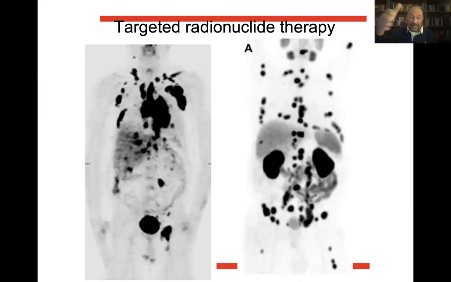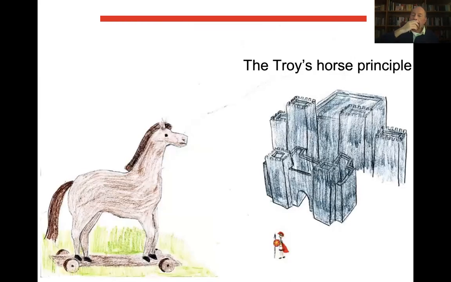But when you have these kinds of patients, as we have discussed many times, you need immunotherapy, and radionuclide therapy is somehow a kind of immunotherapy. We will see why. It uses the so-called Trojan horse principle. Essentially, you want a Trojan horse that enters the tumor and then destroys the tumor from inside.